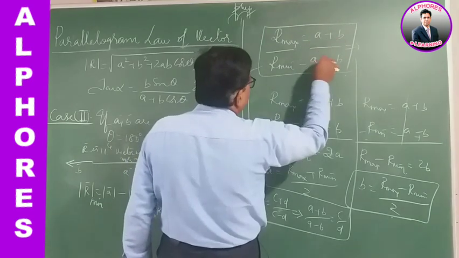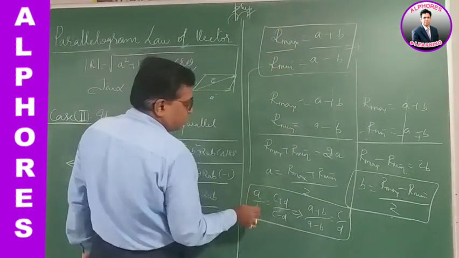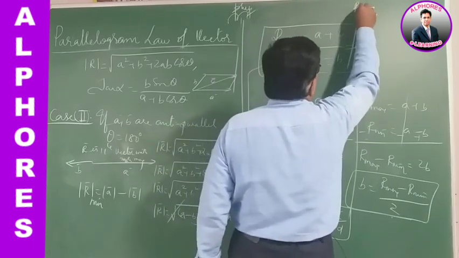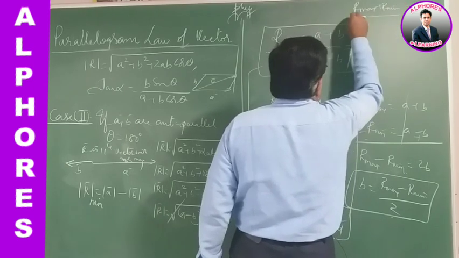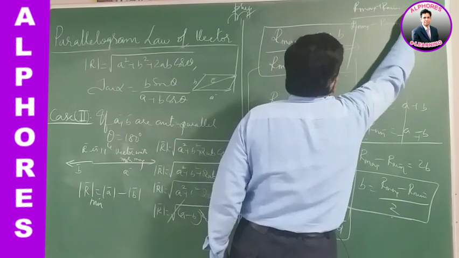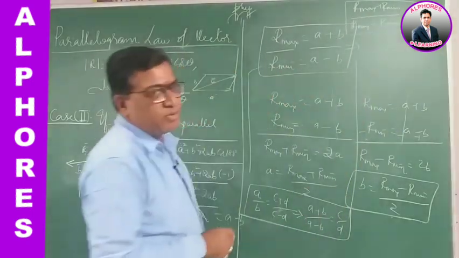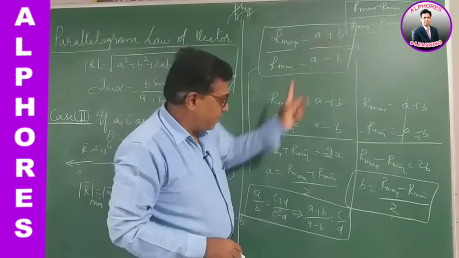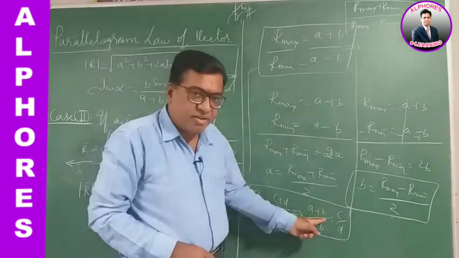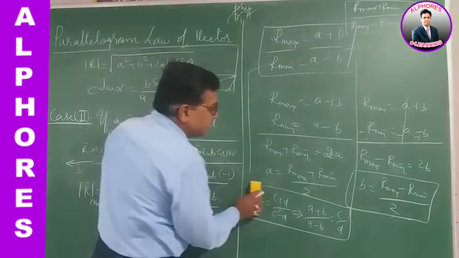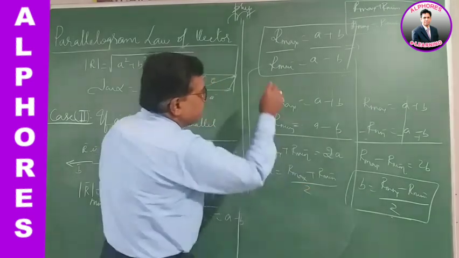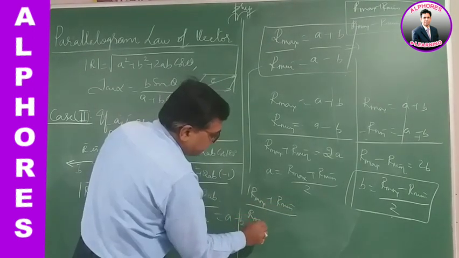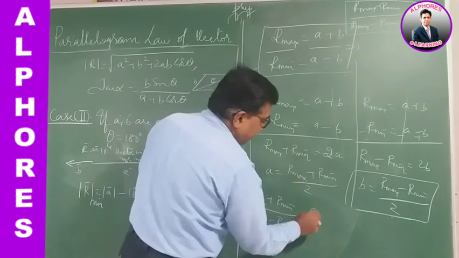R max by R min is A plus B by A minus B. Comparing, R max is similar to A and R min is similar to B; A is similar to C and B is similar to D. By componendo dividendo, the sum of these both, R max plus R min by R max minus R min, is A by B.